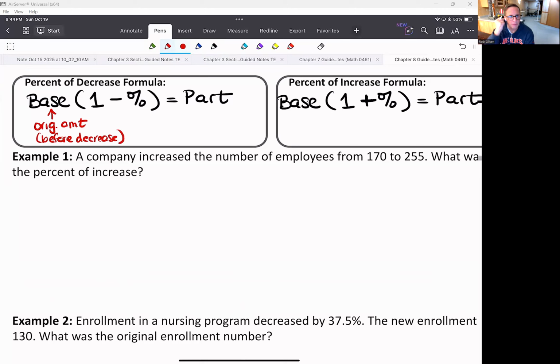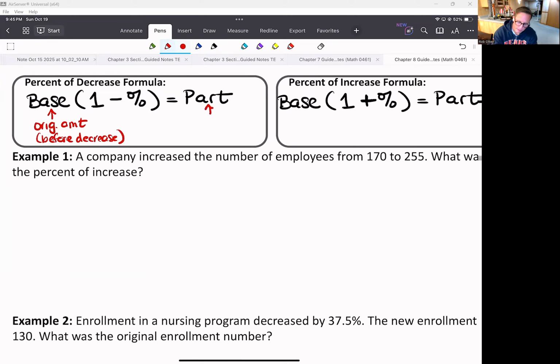We're talking about decrease here, but before it went down, before the shirt was discounted, before the markdown was made or whatever it is, the original amount.